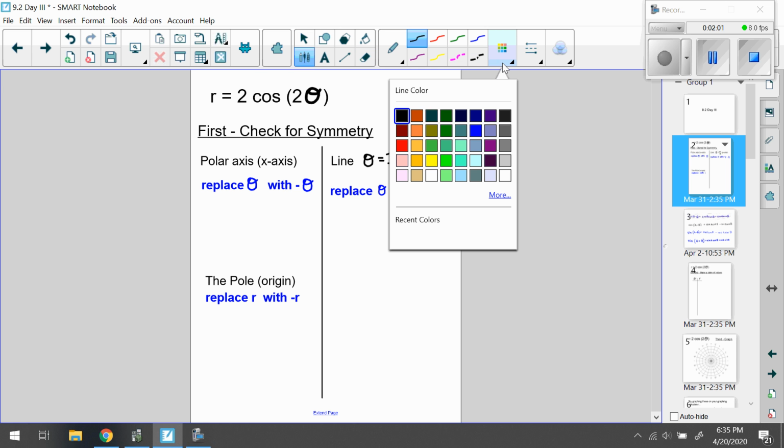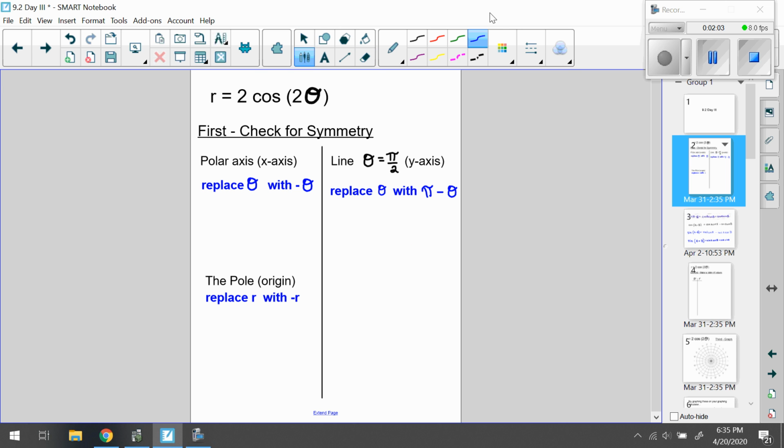So first, to check over the polar axis or the x-axis, we replace theta with negative theta. So we can do that pretty quickly. I'm going to say 2 cosine 2 times negative theta.